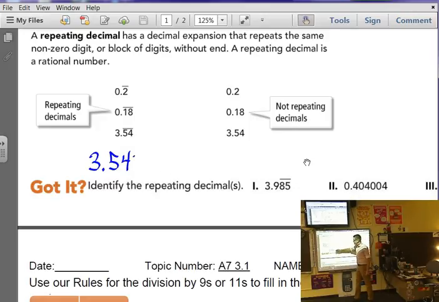We would either need to write the 4 if that's what repeats, or the 5 and the 4 if both repeat. I actually like to show it 3 times and then show the ellipsis. But my real suggestion is just use the bar. If it's more than one number repeating, just use the bar. It's easier that way.